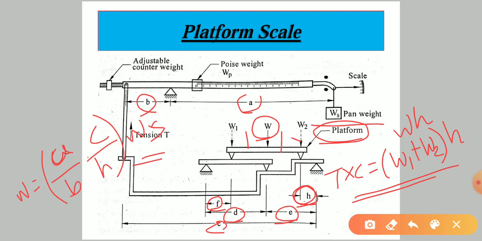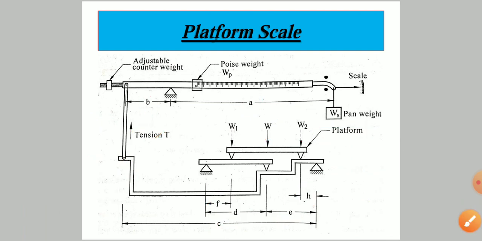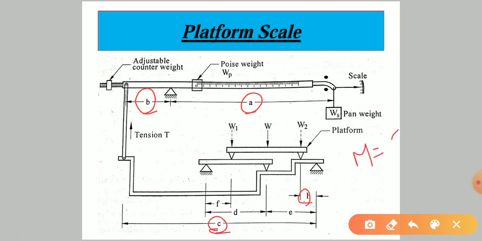This is called the multiplication ratio, A by B into C by H. By changing the multiplication ratio, A by B into C by H, we can vary it using a small pen weight.